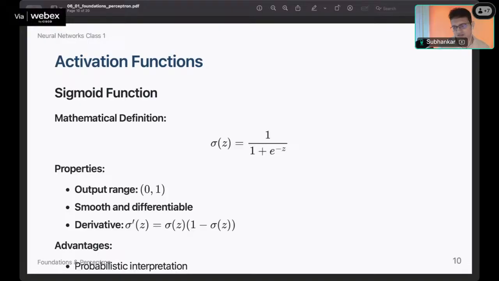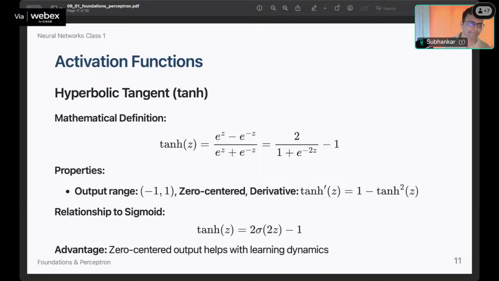So if it is not zero centered, that has other issues. But sigmoid is also very useful, as I told you, with its probabilistic interpretation, and logistic regression is also used in other binary classification methods. Sigmoid is used, yes. Now there are of course a little bit more popular ones.